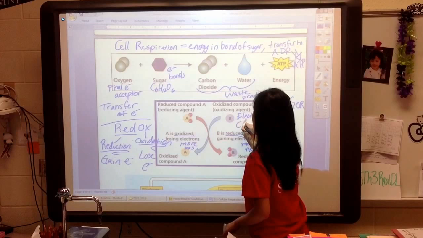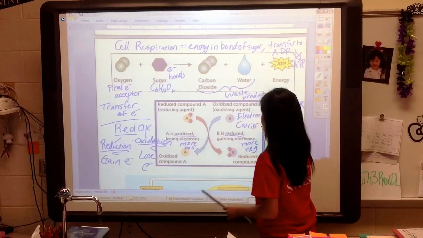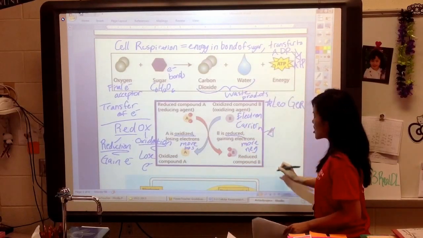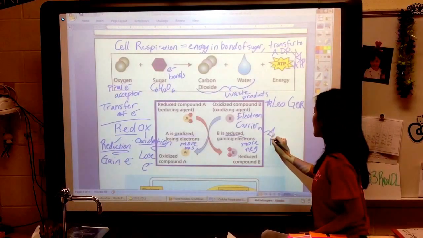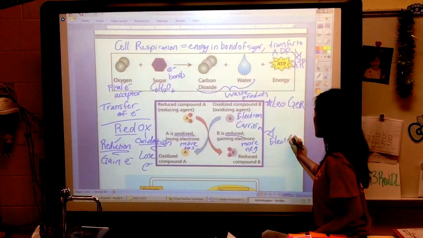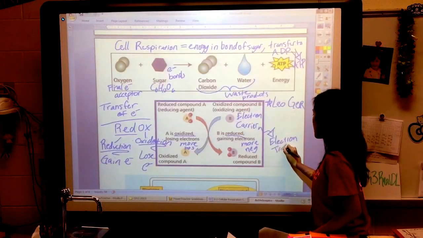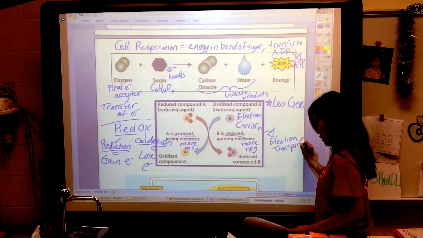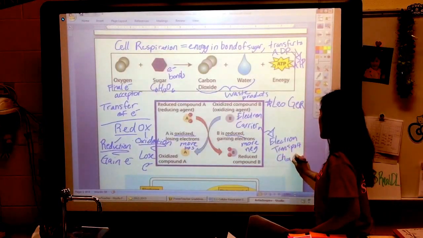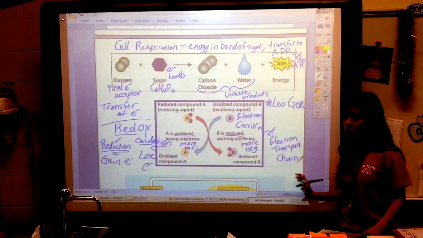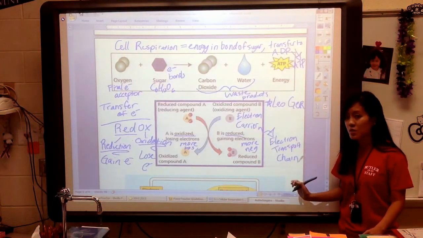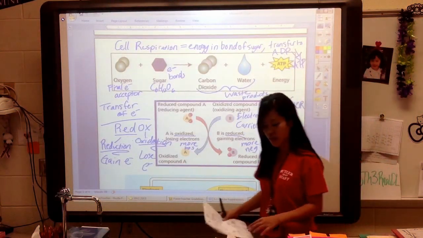And this will be very important later on when we talk about the process. But it's actually going to carry it to what's known as the electron transport chain. And we're going to learn that this is where most of the ATP is going to be made within the mitochondria.